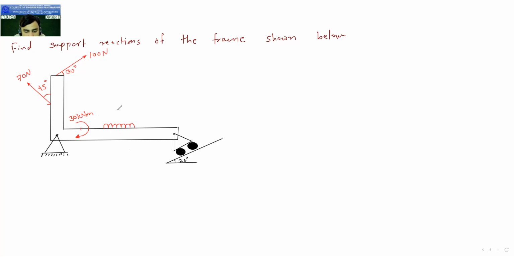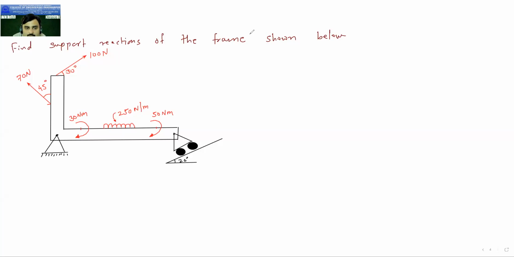This UDL is 250, sorry, here it is not kilonewton meter, it is Newton meter. This is also 250 Newton per meter. And here at this point, one more moment is given. It is again clockwise, and this moment is of 50 Newton meter.